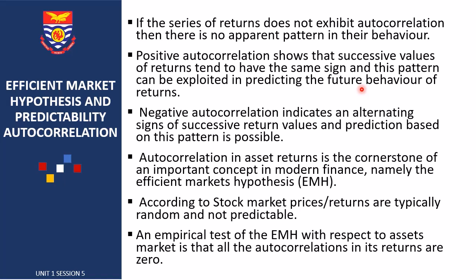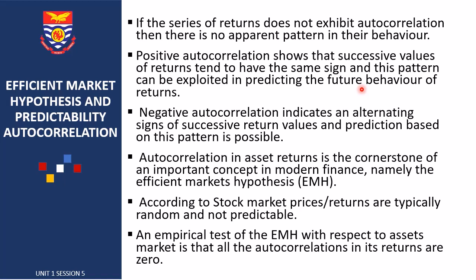Autocorrelation in an asset is also the cornerstone of the whole idea of the efficient market hypothesis, because for a market to be efficient, all the information about the price of a risky asset is embedded in that particular asset's price.